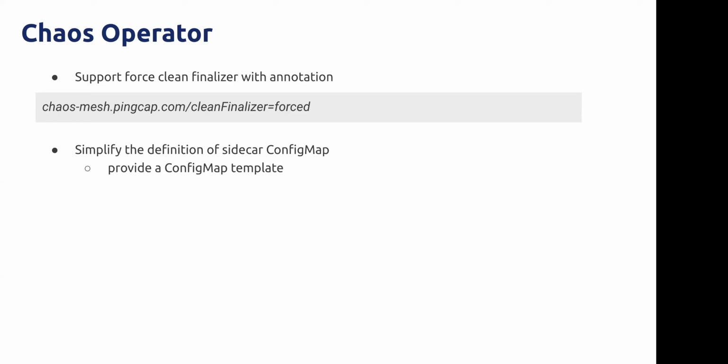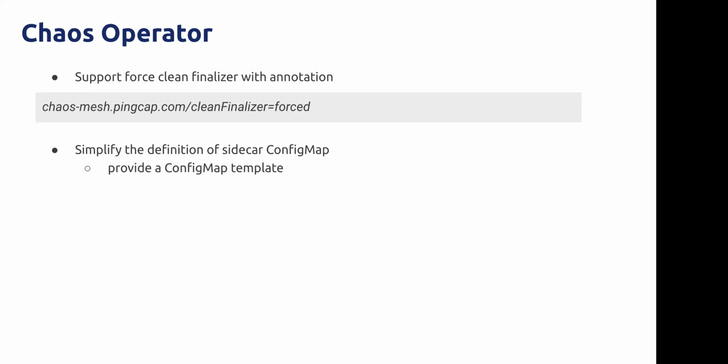Now, if you want to ignore these abnormal situations and just delete the Chaos experiment, we support skipping the finalizer with an annotation. You can add this annotation to the Chaos experiment object when you create it or when you want to delete it, and Chaos Mesh will remove the finalizers automatically.